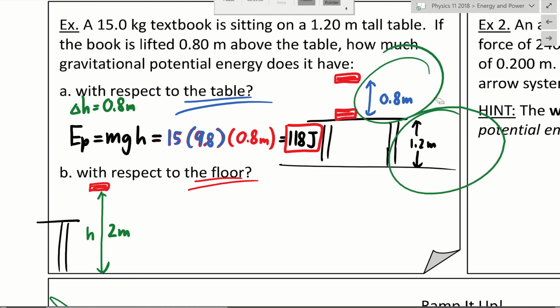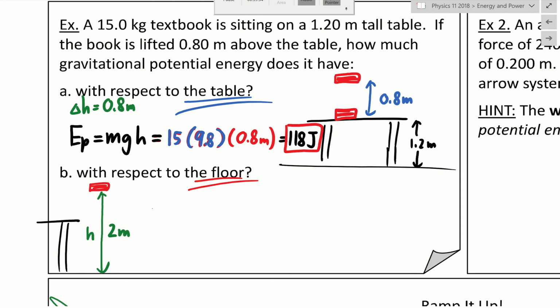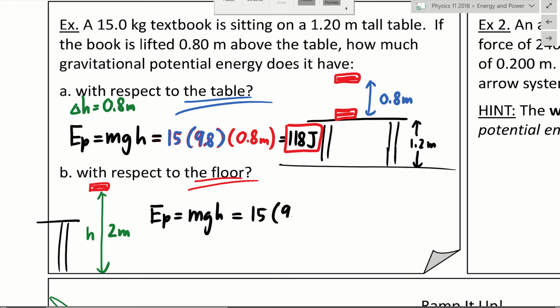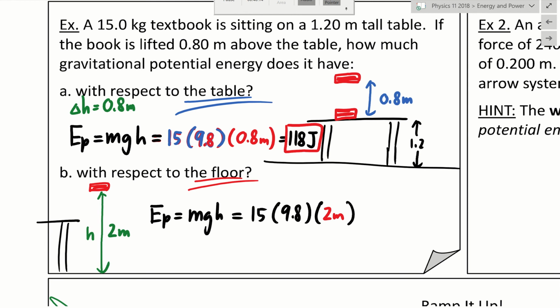So that is a logical observation. Then you take that and you go, well, in this case, mgh is going to be just a new h. So it's still 15, it's still on Earth, but it's no longer going to be 0.8 meter, it's now 2 meters. From the table to the ground is 1.2.